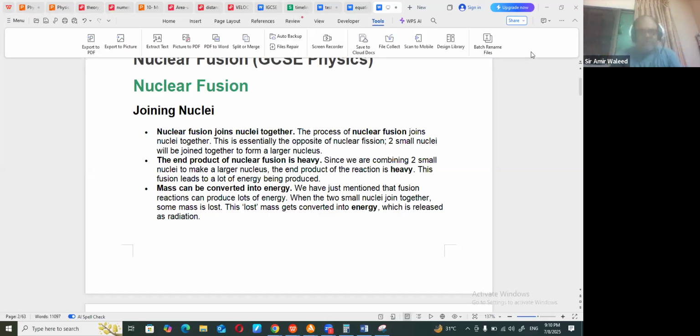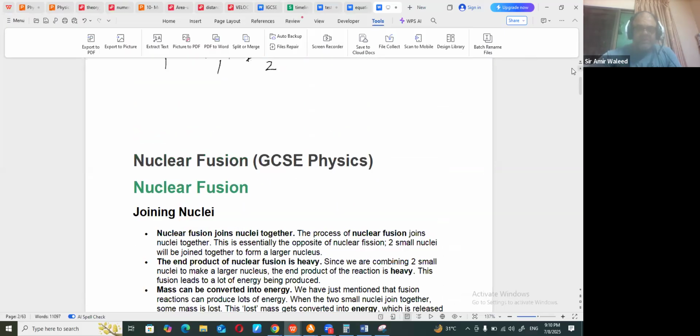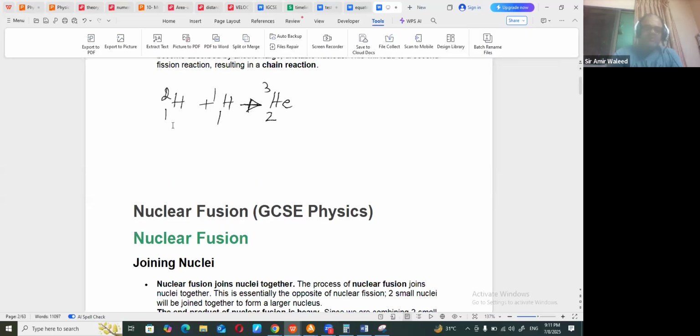Now, a few important things. In this reaction, two hydrogen nuclei jolt together and form a single nucleus. The important part is that two hydrogens combine to give you a helium nucleus.